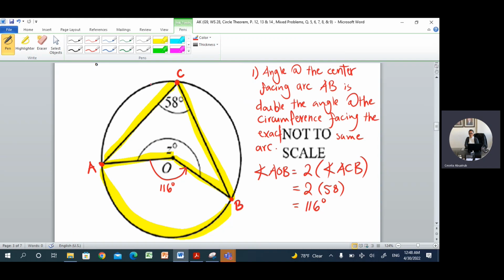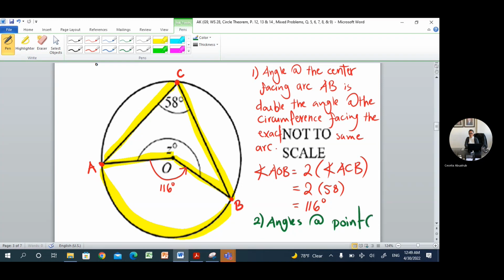Accordingly, and this will be the final step in order to find Z, so we're going to say angles at point O add up to 360 degrees.